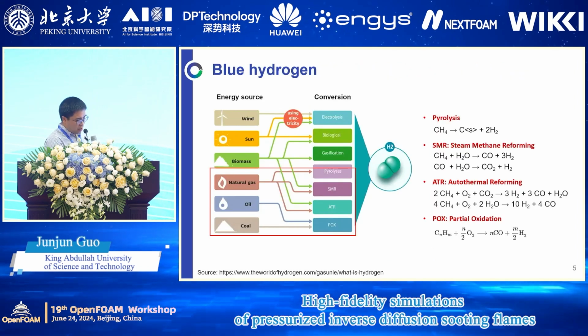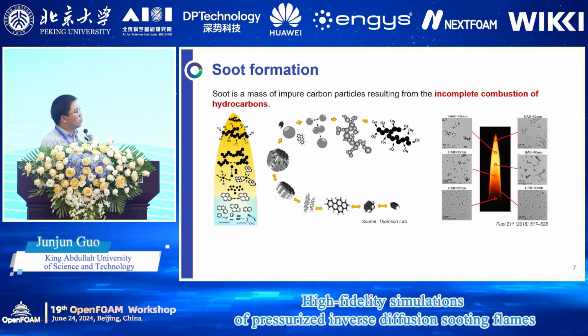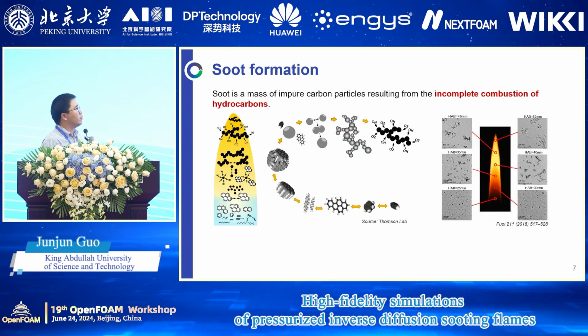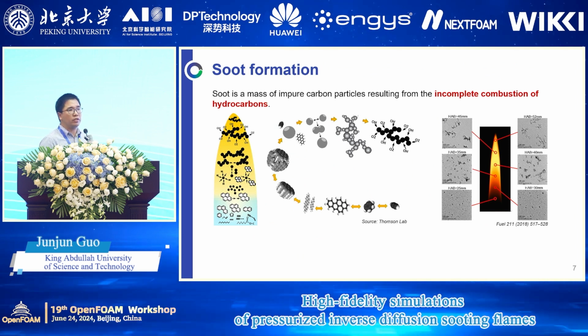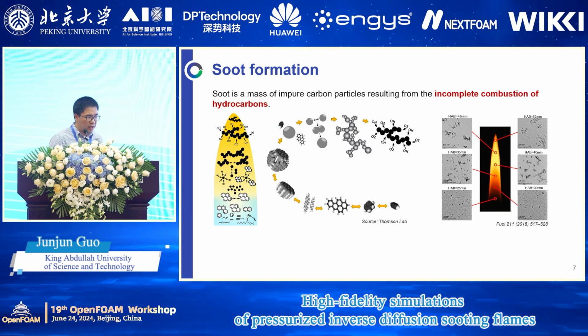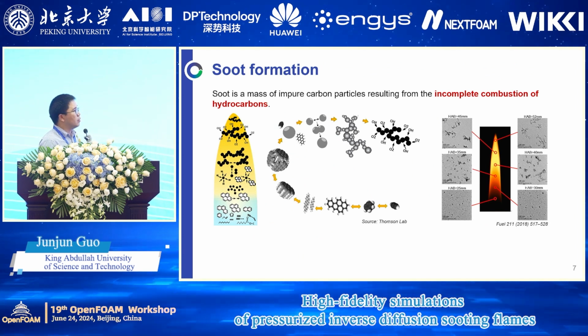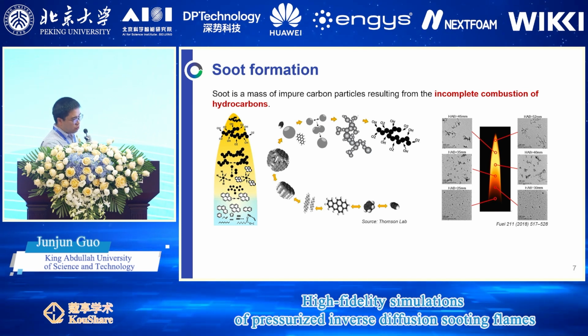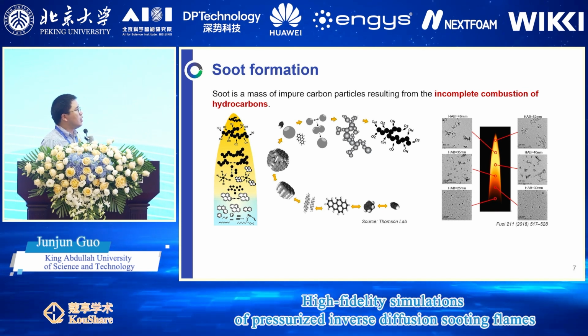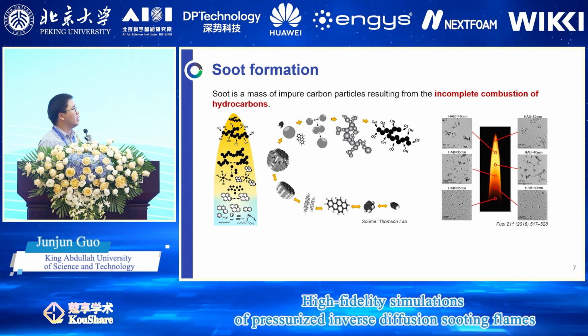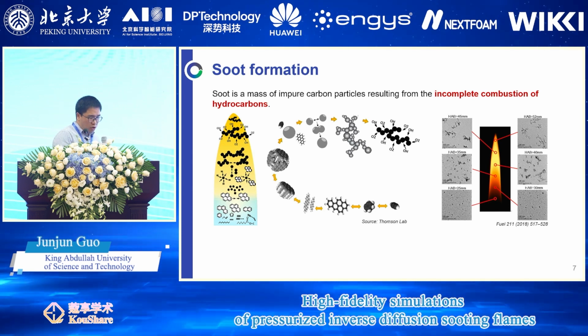So what is soot? It's a very old topic in the combustion community. In case you are not familiar with this, I will briefly introduce it. Soot is a carbon particle resulting from the incomplete combustion of hydrocarbons.